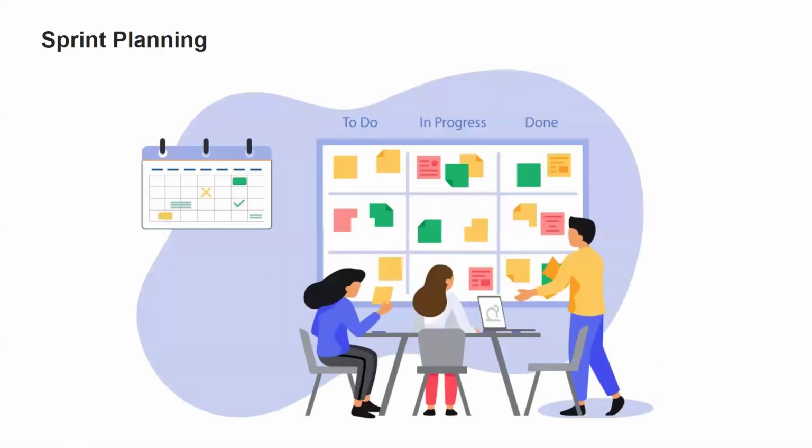During the sprint planning, we will determine what are the tasks that we are going to do, and we can either use sticky notes. We can draw three columns as to do, in progress, and done. Every task that we are going to do during the sprint, we can put it into the to do column at the start of the sprint. Once we start working on it, we can move that sticky note into in progress.